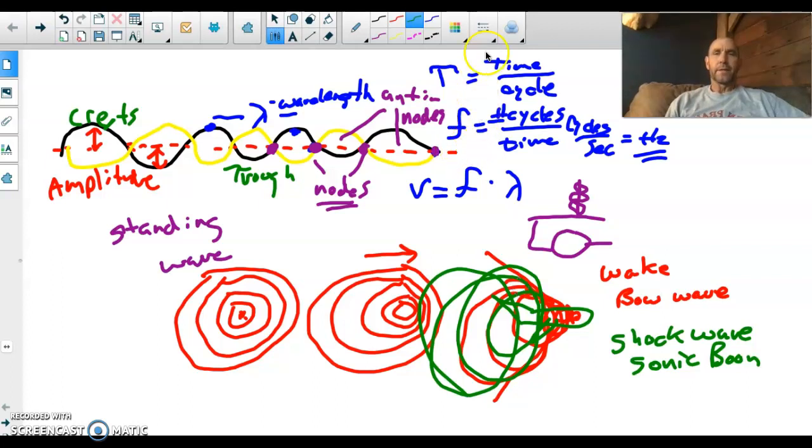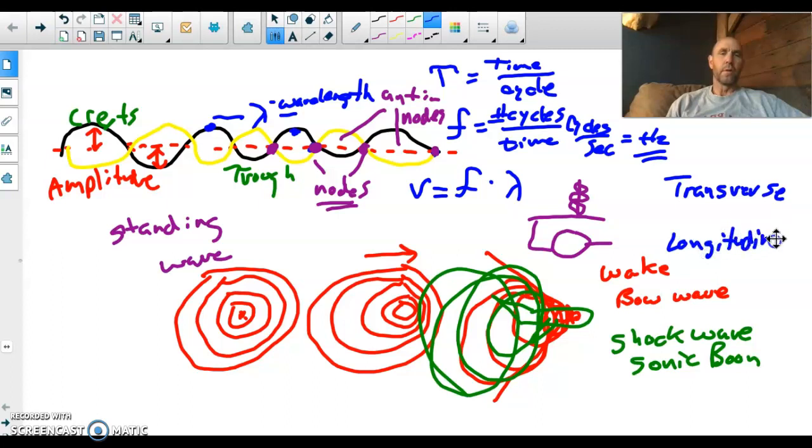Let's see. Lastly, there's a couple of terms you're going to come across. You're going to come across the term transverse wave, and you're going to come across the term longitudinal. Those are two types of mechanical waves.